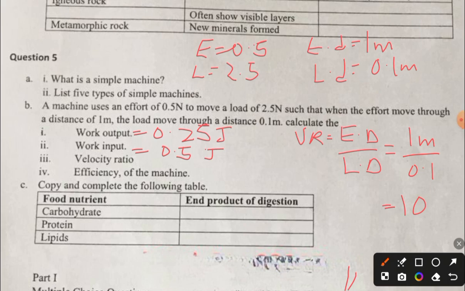Now, efficiency of a machine. Efficiency of a machine equals work output over work input multiplied by 100. So your output is 0.25 over 0.5 multiplied by 100. Now take note, the efficiency of a machine shouldn't be above 100%.